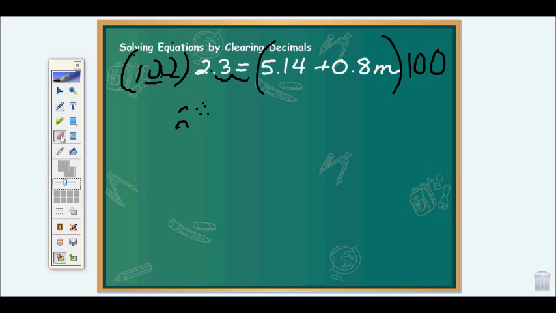Moved it 2 places, so I end up with the number 230. Now when I move the decimal 2 places, because I'm multiplying by 100, 5.14 changes to 514.